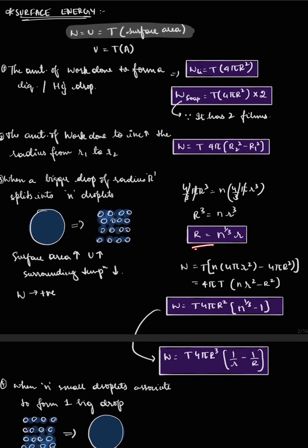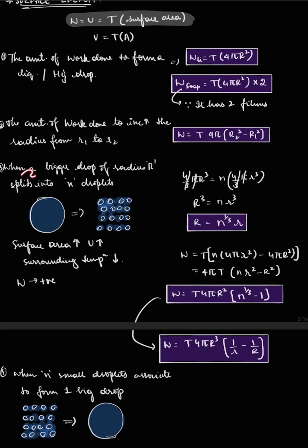So we'll get the radius as R is equal to n power 1 by 3 into r. So what is this? This is the radius of the new drop. If they give the radius of the bigger drop, then you will find this, and if they give this, you will find the other. Just remember, R is equal to n power 1 by 3 into small r.